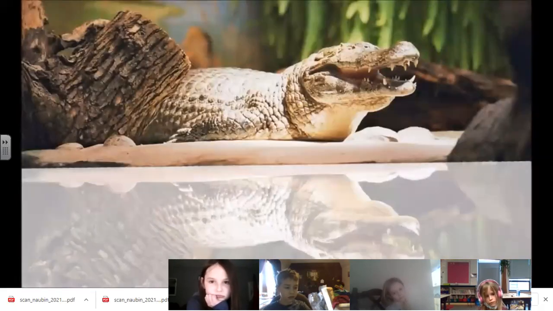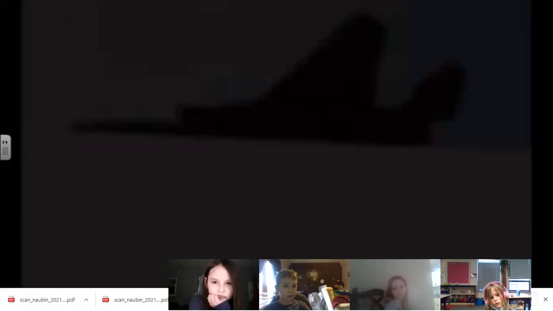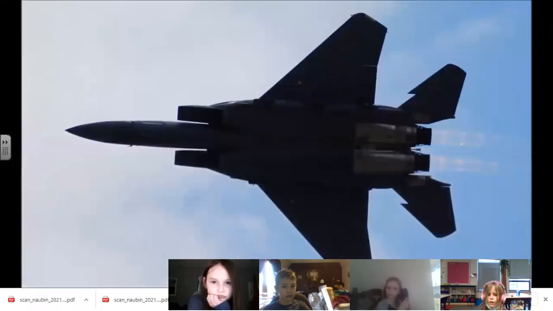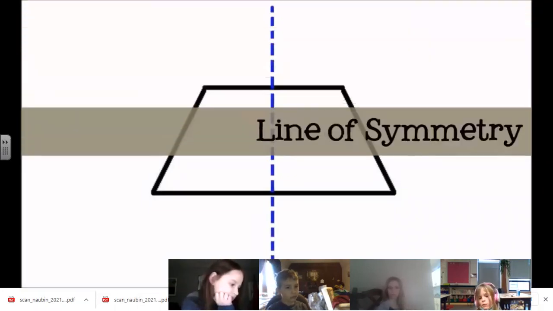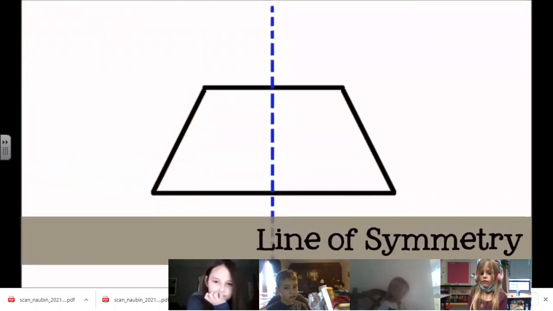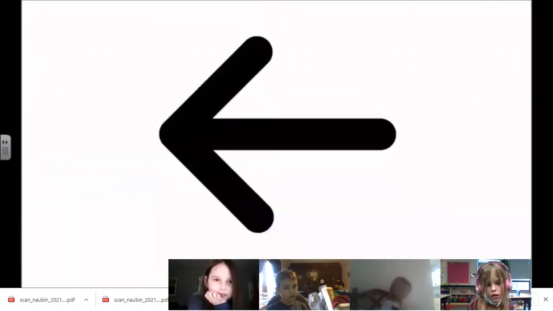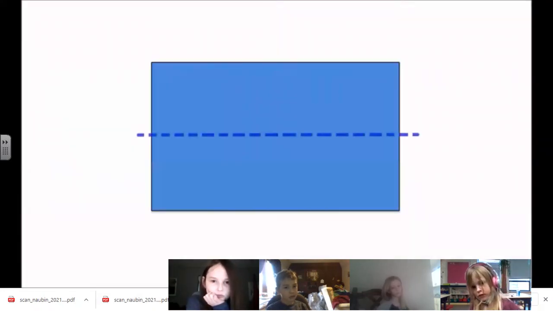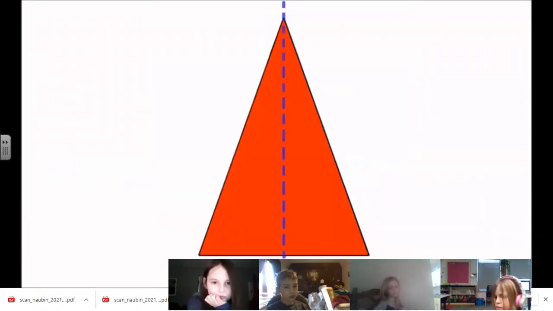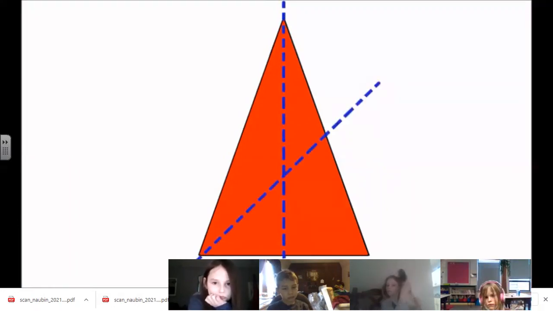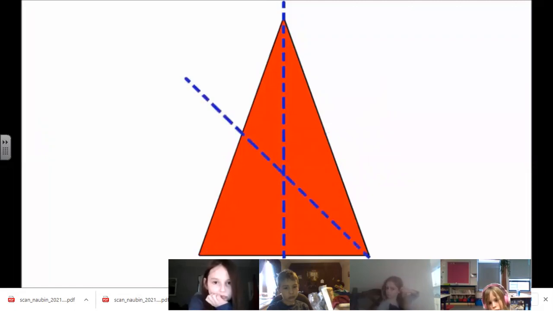So you see in fourth grade, you might get into those higher types, or fifth or sixth. Reflectional symmetry is like a mirror image. If you were to draw an imaginary line down the center of a symmetrical object and fold it in half along that line, the shapes would match up. This imaginary line is called a line of symmetry. Some symmetrical objects only have one line of symmetry, while others have more. For example, this triangle only has one line of symmetry, straight down the middle, because if you try to divide it any other way, the pieces don't match up.